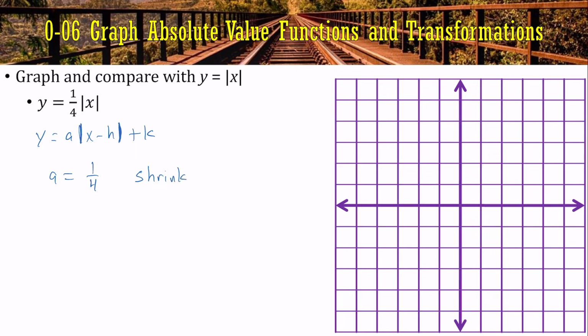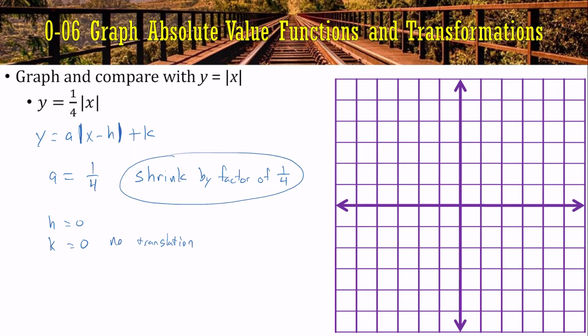So it's going to shrink by a factor of 1/4. It's positive, it's not negative, so it's not reflecting. But the h and the k are both 0, so that means it's not shifting. There's no translation. So comparing it, it's shrinking by a factor of 1/4.